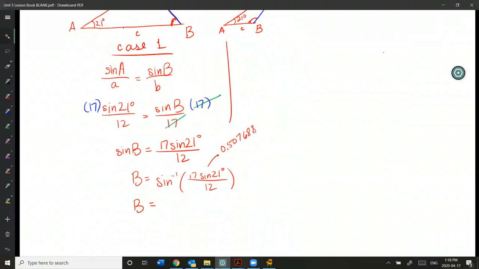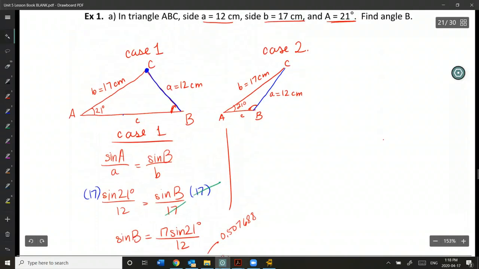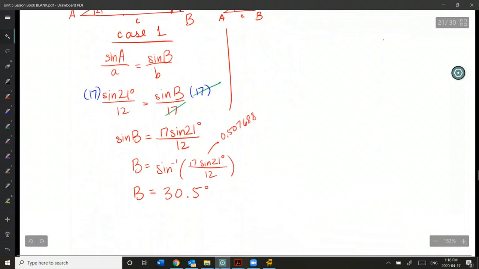So we should get a value when we put that into our calculator. So sine inverse of your answer there should give you about 30.5 degrees. Okay, try to follow along with your calculator so that you know how to plug it in. Okay, so this is case number 1 for angle B.